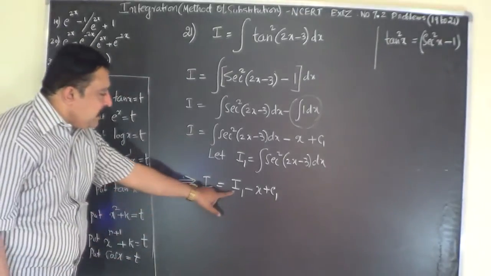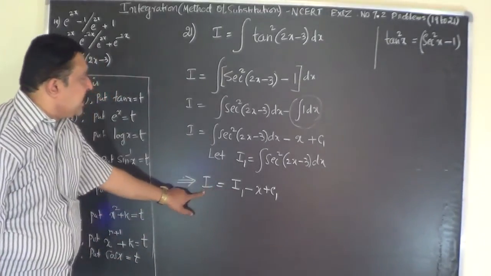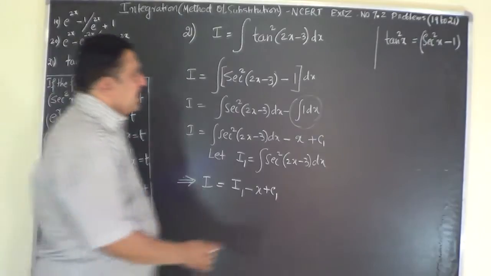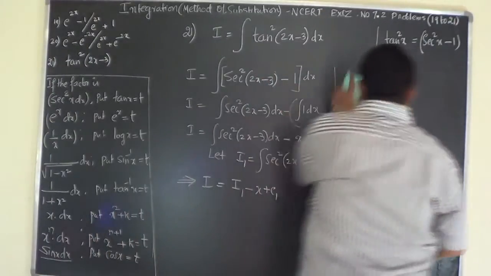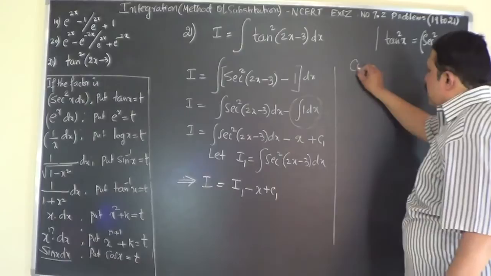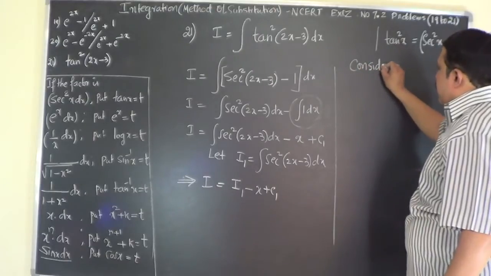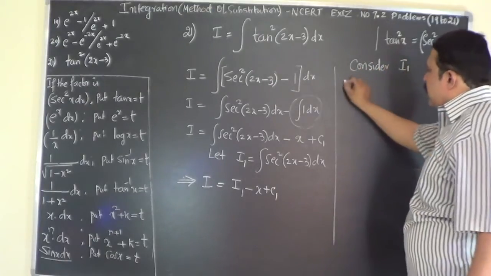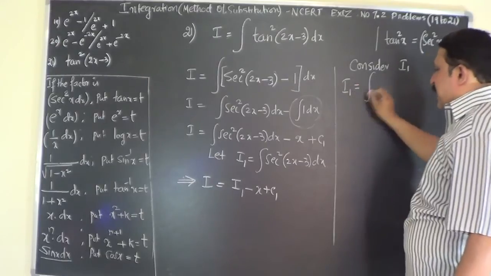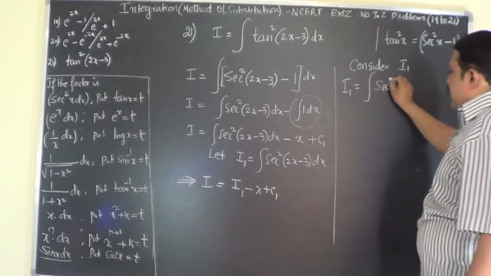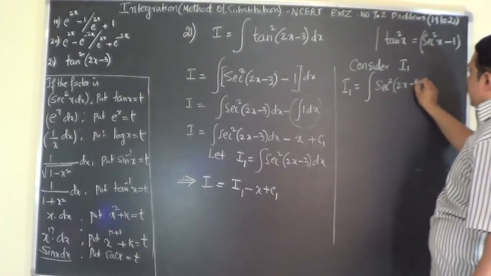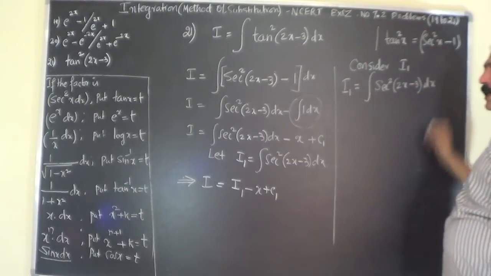Now I have to evaluate the value of I1 so that I get the total value of I. So I consider only this one, I1. What is I1? I1 equals integral secant square 2x minus 3 dx. Now I have to integrate this function.